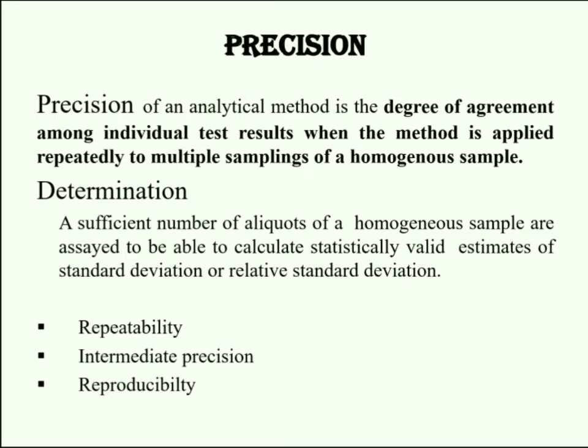It is usually expressed as the standard deviation or relative standard deviation of any series of measurements. Precision can be performed by assaying a sufficient number of aliquots of a homogeneous lot, and after that calculating statistically valid estimates of standard deviation or relative standard deviation.